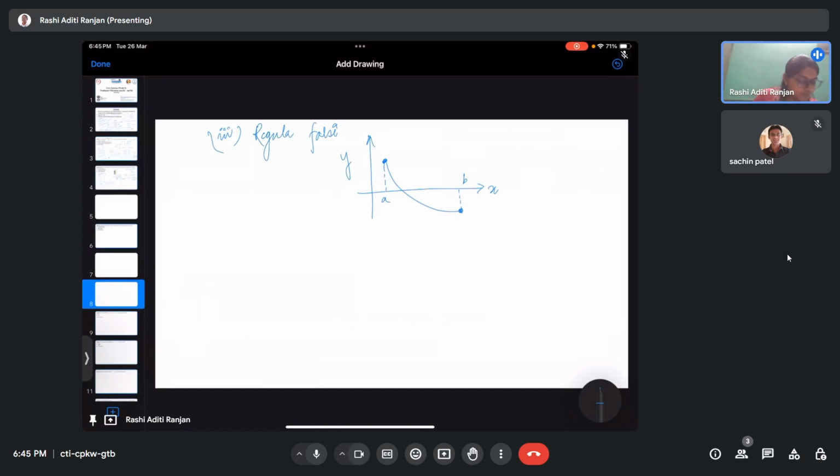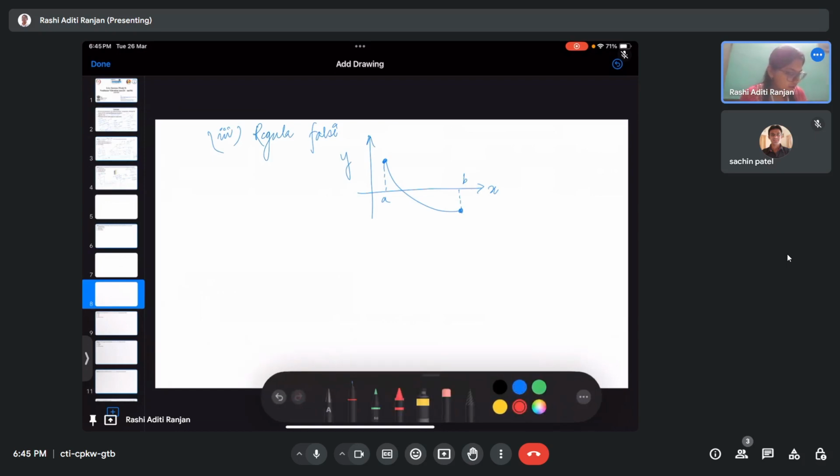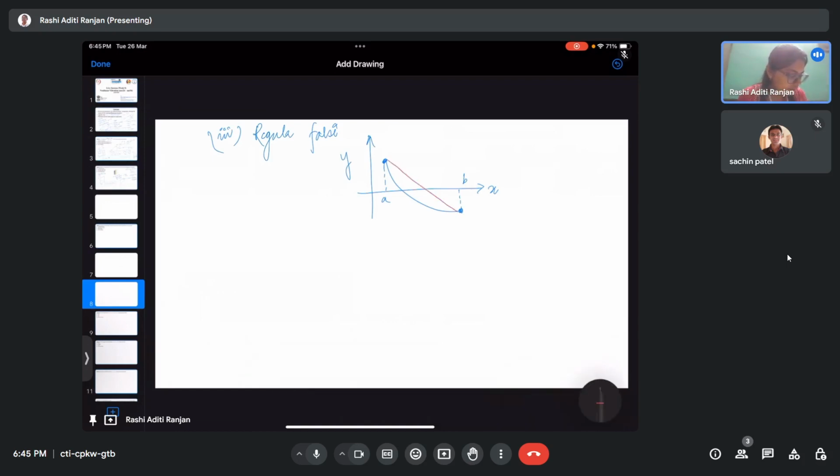Okay, so if I know this, then if I try to draw a straight line joining these both like this, I can have a point x1, which could be close to my root.